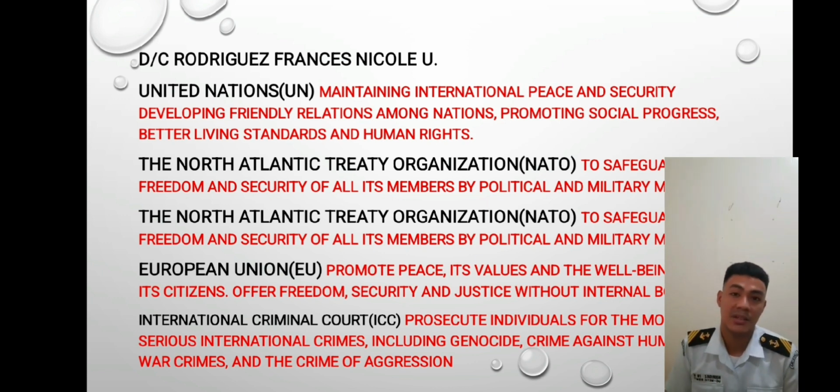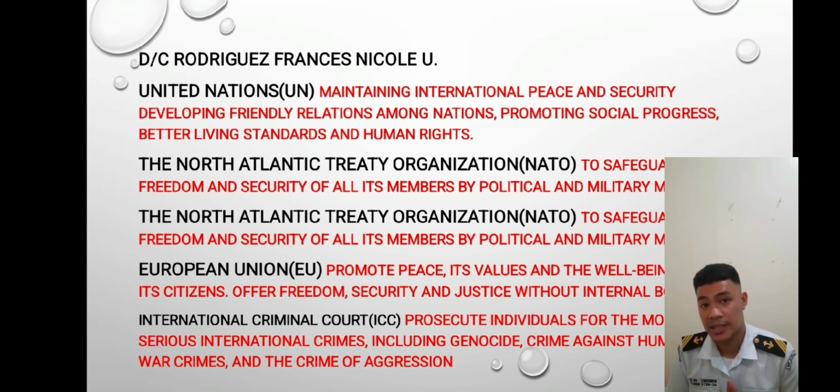So next is the European Union. This is a political and economic union of 27 European countries. The EU's primary goals are to promote economic integration, ensure peace and stability in Europe, and enhance cooperation among its member states. So next is the World Trade Organization, or the WTO.